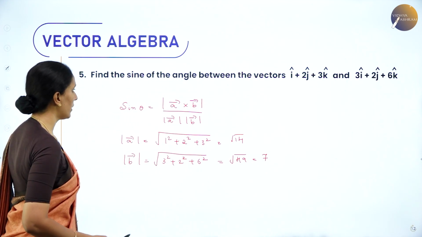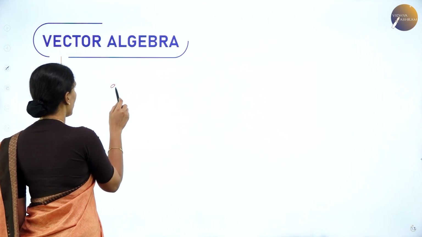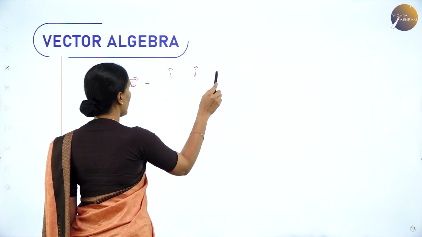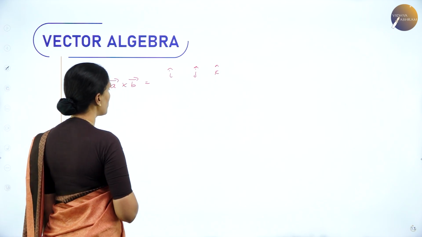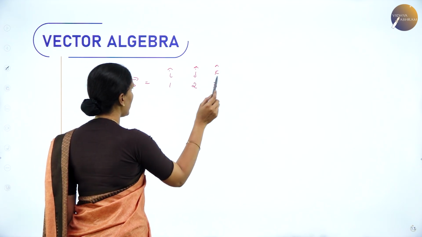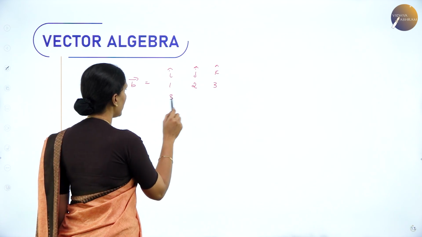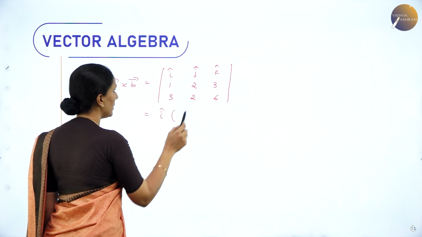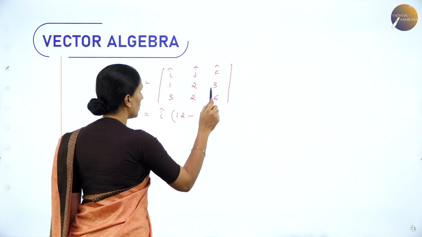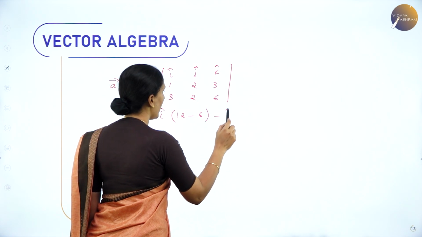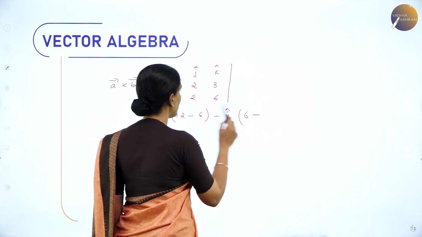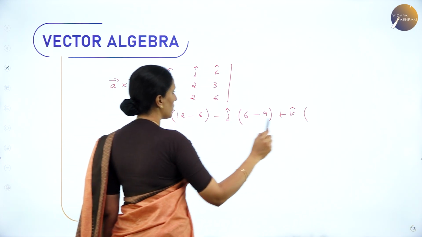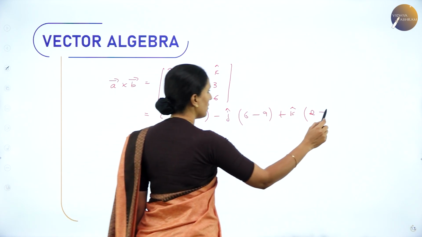Next, we need to find a cross b. So a cross b is equal to i, j, k. Scalar components of a are 1, 2, 3. Scalar components of b are 3, 2, 6. Let us expand this in the form of a determinant. Then that is i into (12 minus 3 2s are 6), minus j into (1 6 are 6 minus 3 3s are 9), plus k into (1 2s are 2 minus 3 2s are 6).